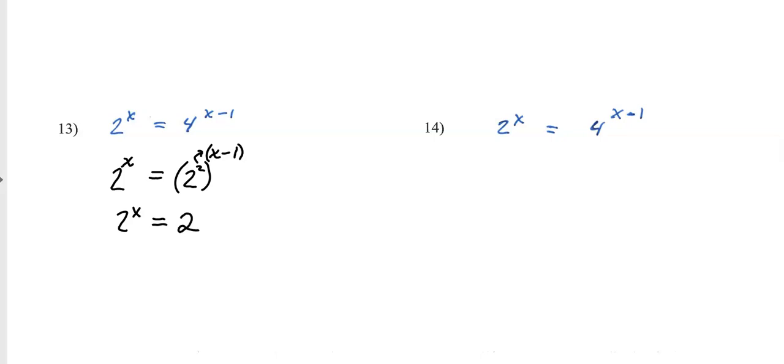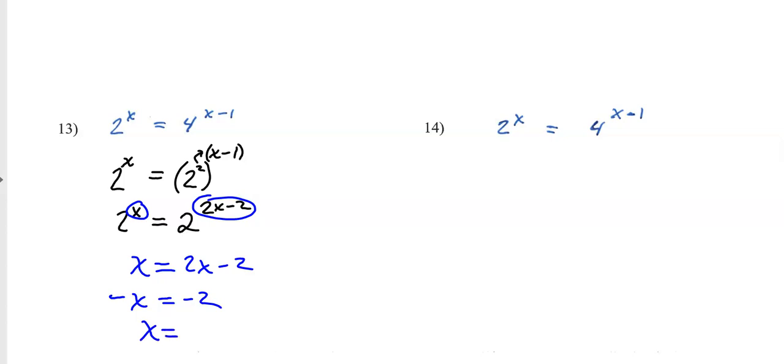So this is really 2 to the 2x minus 2 when I distribute it through there. And now I can simply make these two exponents equal to each other since I have the same base. That'd be negative x equals negative 2, or positive x is positive 2.